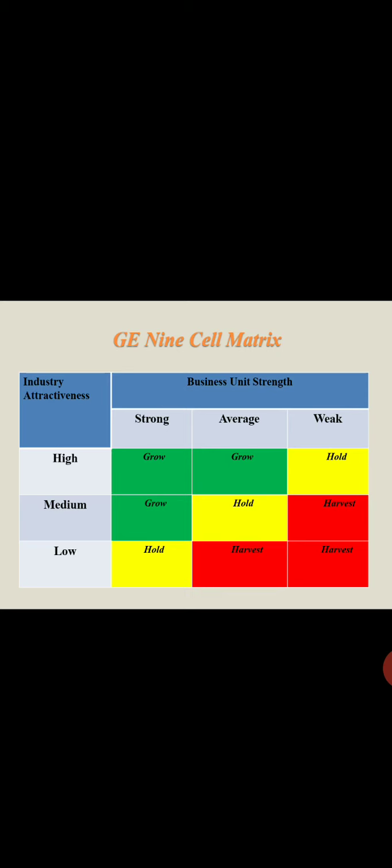So in this model, if your company is in the green zone, it signifies that your company is doing well in the market, it has huge potential, growth and demand in the market.